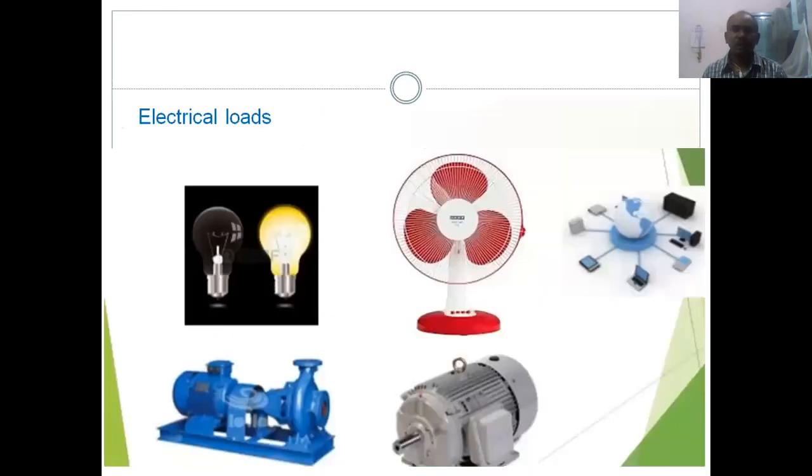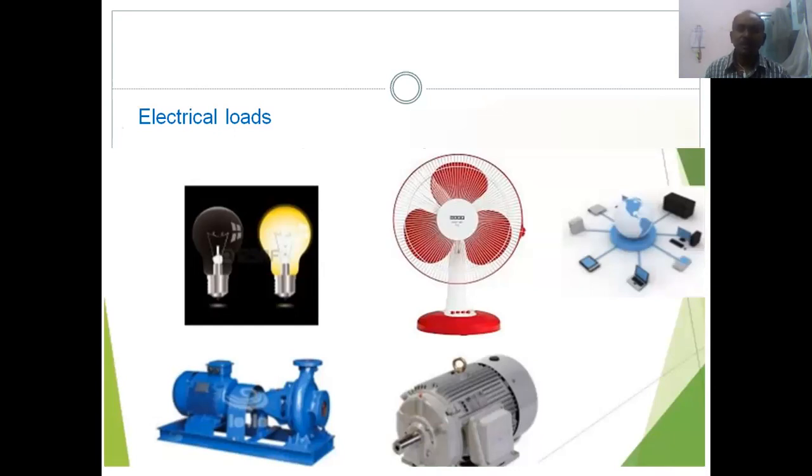Now, as you know, in day-to-day life, we are dependent on our electrical appliances. In your earlier semesters, you already learned the different types of conductors, insulators, semiconductors, and loads: resistive loads, inductive loads, and capacitive loads.